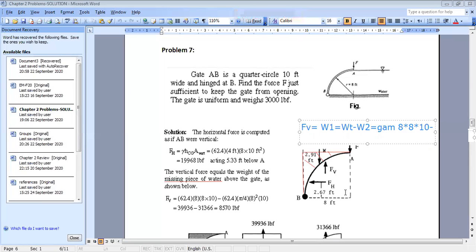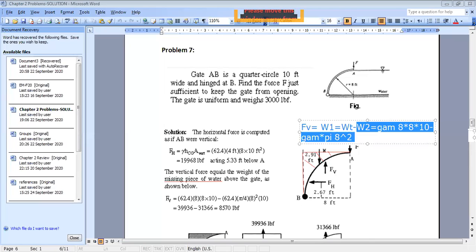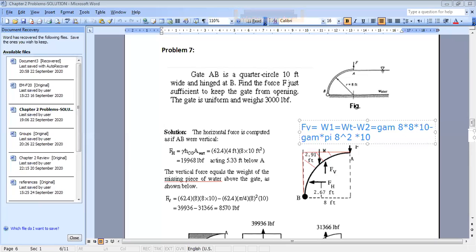It's equal to gamma of the fluid times this volume, V2. To find this volume, you do pi times R squared, which is 8, so pi times 8 squared times the width, which is 10. This is how they found F vertical.